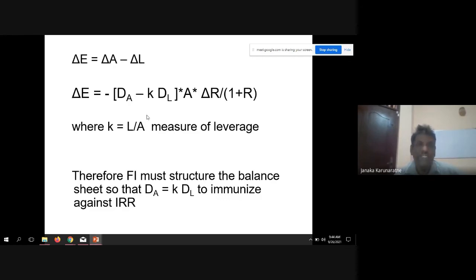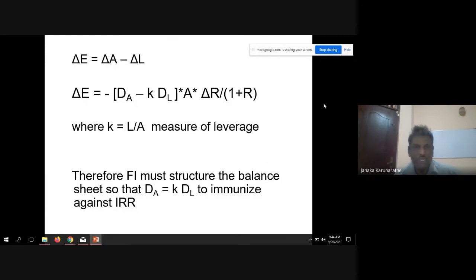If we can make the duration gap closer to 0 or minimize it, then we can manage change comfortably. So that is called duration hedging, right? Clear? Any questions?